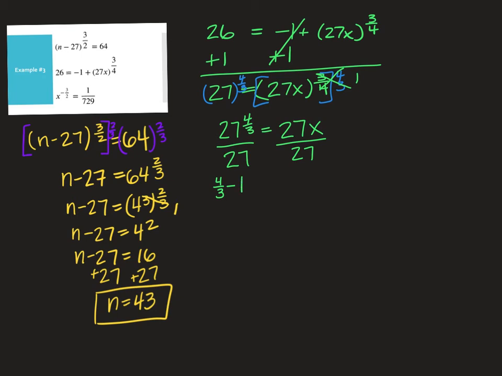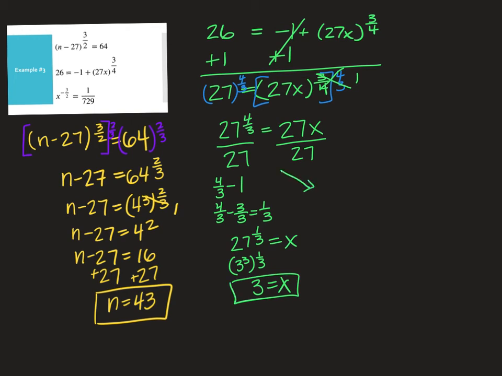So 4 over 3 minus 3 over 3 is going to give me 1/3. So then on the left side, I'm going to be left with 27 to the 1/3 power is equal to x. And 27 to the 1/3 power means I have 3 to the 3rd to the 1/3. And so that means that 3 is equal to x.